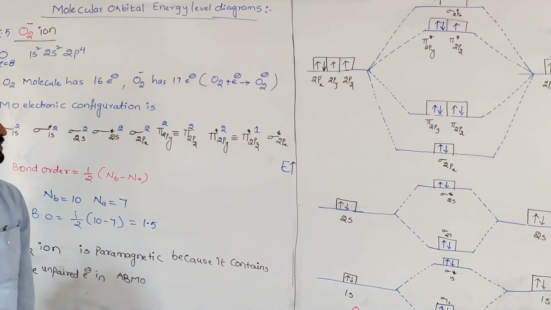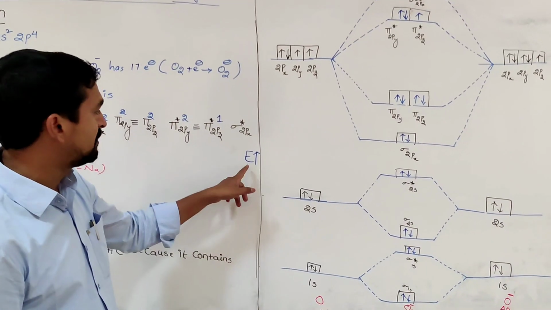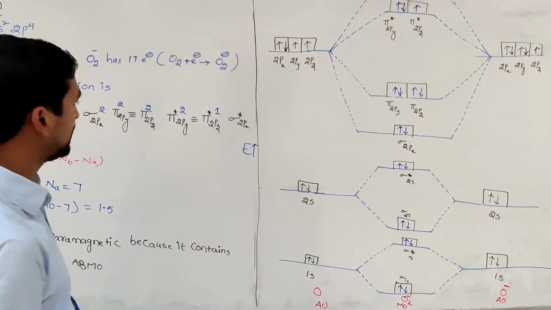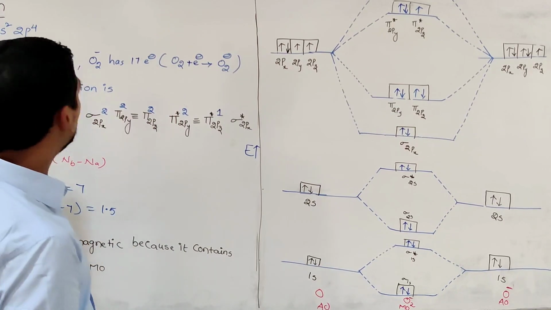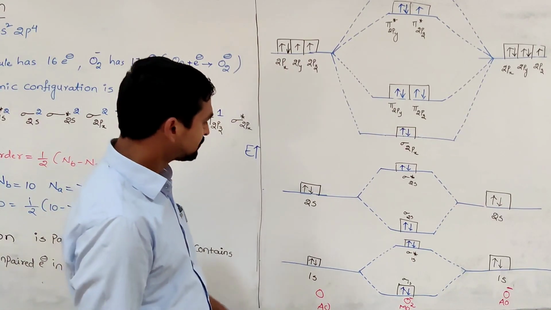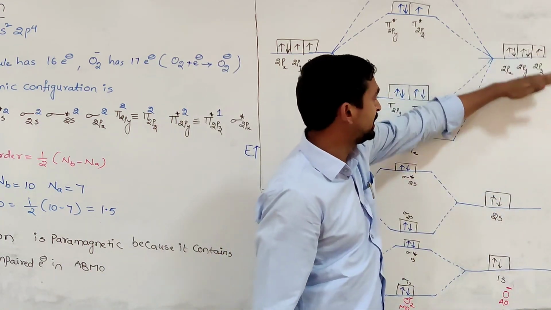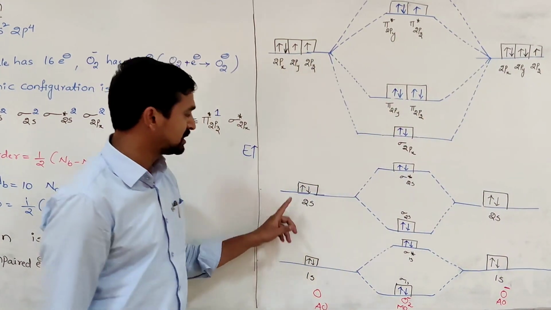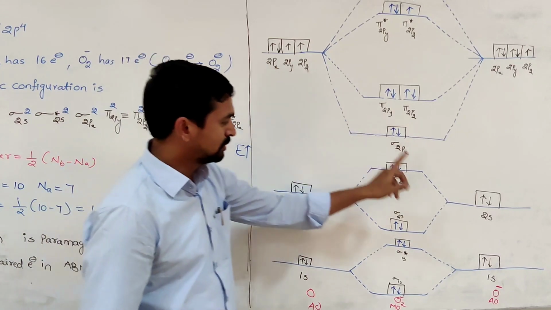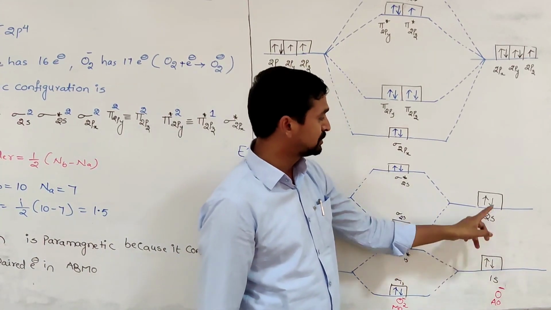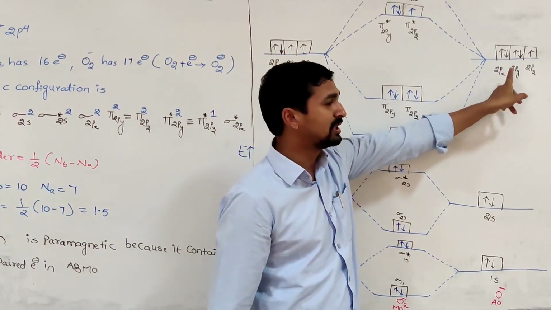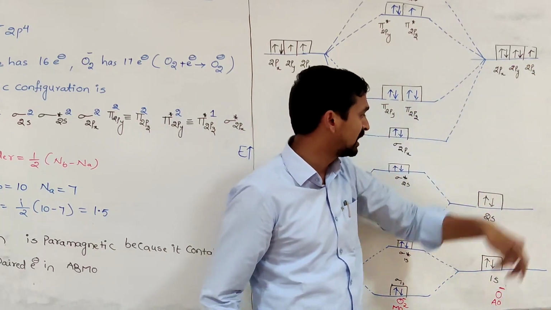When we draw the molecular orbital energy level diagram, it is the same as for O2, but only one electron is in excess. So this represents the O and this represents the O minus. The O configuration is 1s2, 2s2, 2p4. The O minus configuration is 1s2, 2s2, 2p5, because a minus charge is there, so we add one electron.